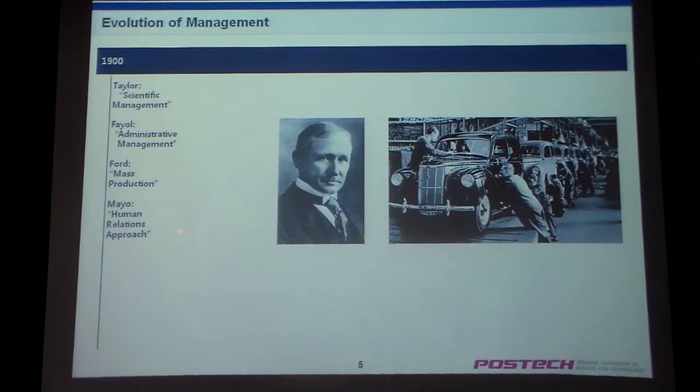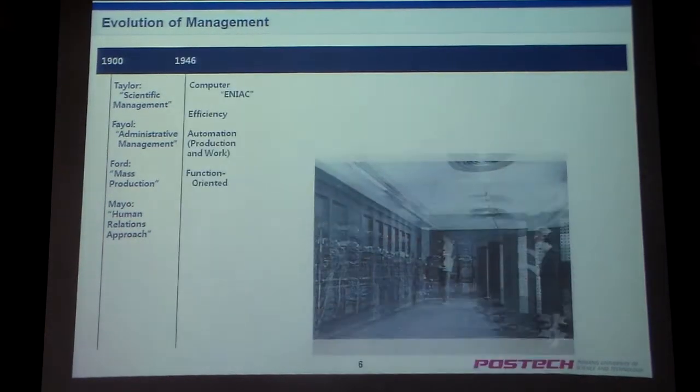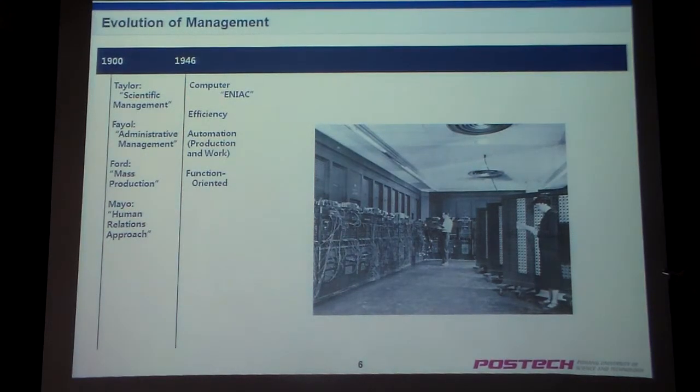That's the major theme. And 1946, this is another important year, the computer ENIAC. ENIAC stands for Electronic Numerical Integrator and Automatic Computer. It was invented in a University of Pennsylvania laboratory, and this is the early stage of ENIAC.